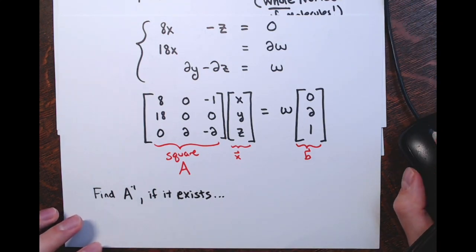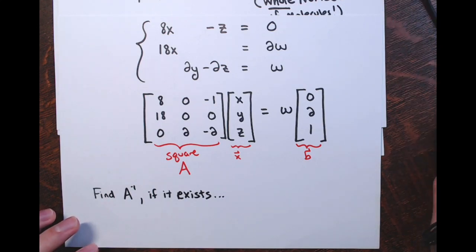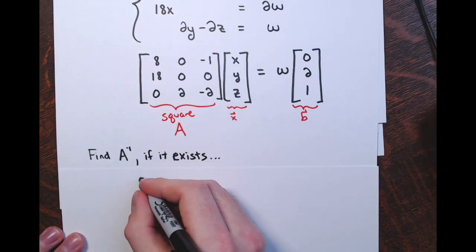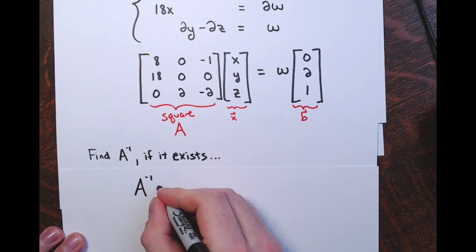Now, when I use the calculator, I'm just going to have the calculator spit it out to me. You should be able to do it by hand, but just to save some time, I'm going to do it on the calculator. I entered this into my calculator and got A inverse.